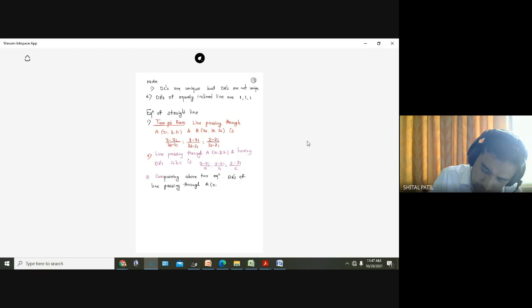Direction ratios of a line passing through the point x1, y1, z1 and x2, y2, z2 are x2 minus x1, y2 minus y1 and z2 minus z1.